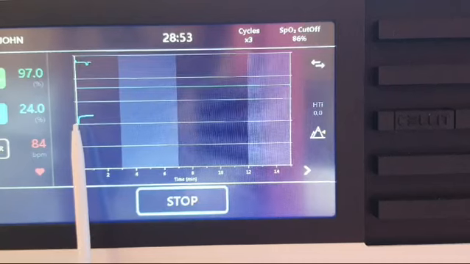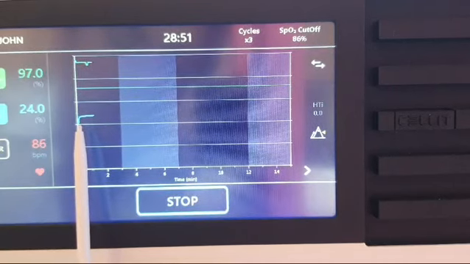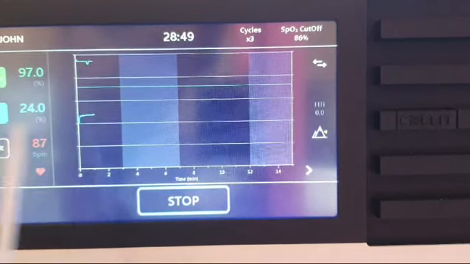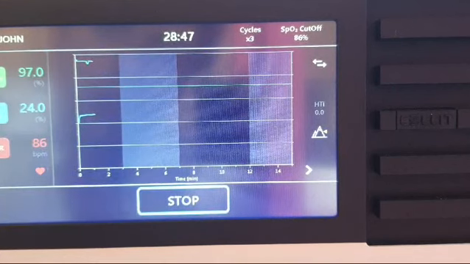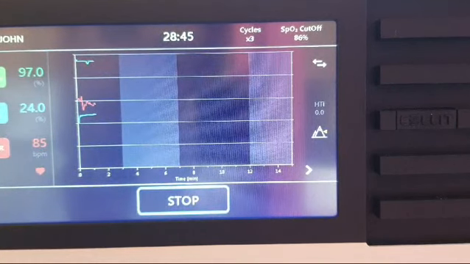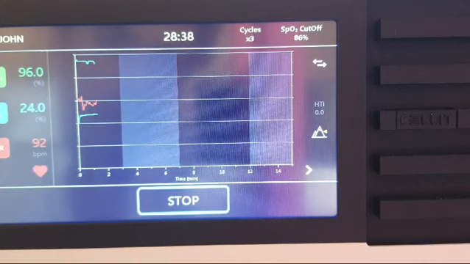This is the actual percentage of oxygen that the machine is currently delivering. And if I click on the HR icon, it will also show the heart rate that the machine is measuring on the finger sensor that I have on.